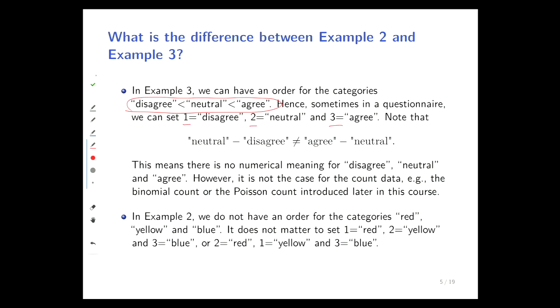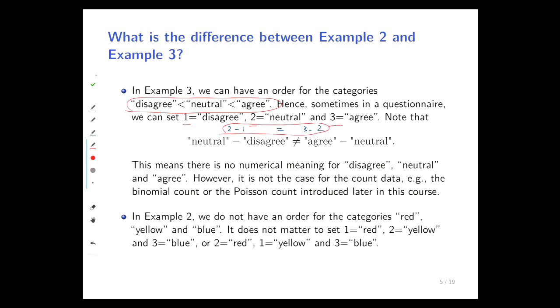But you need to be careful here, because when you set 1, 2, 3, usually we have 2 minus 1 equals 3 minus 2, since 1, 2, 3 actually have numerical meaning.